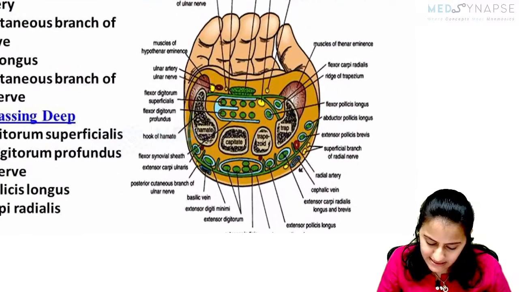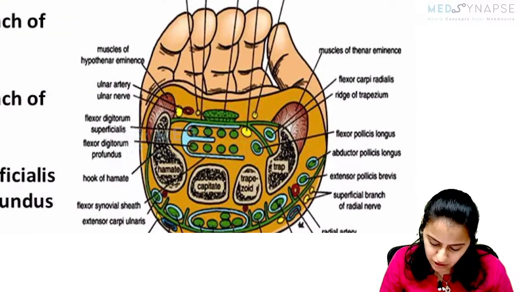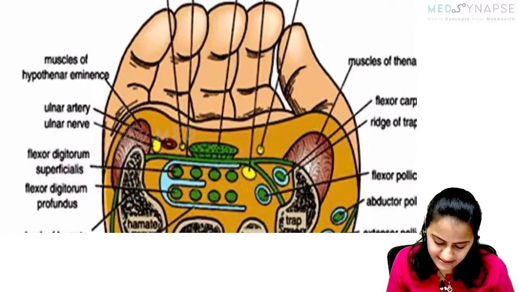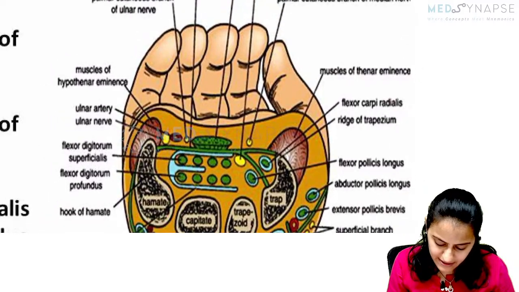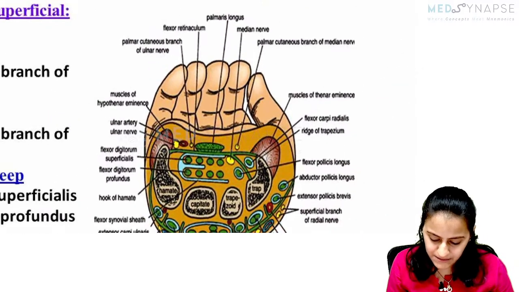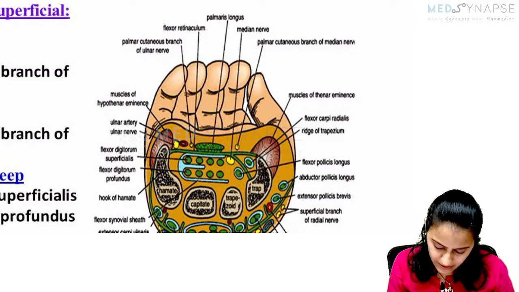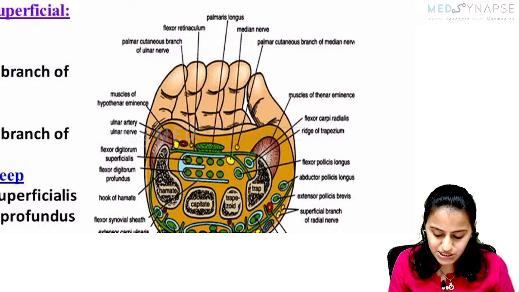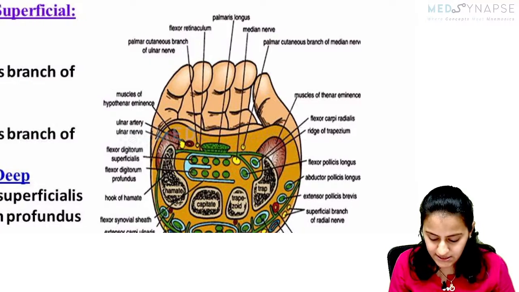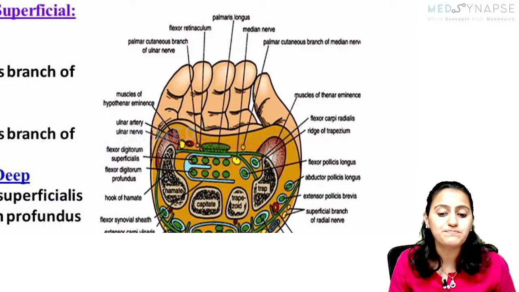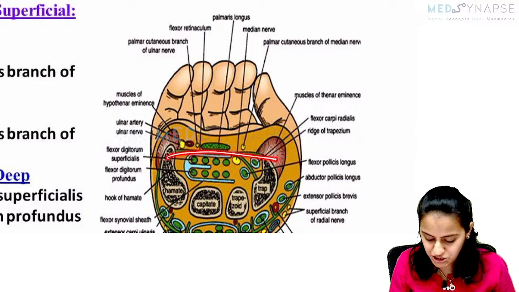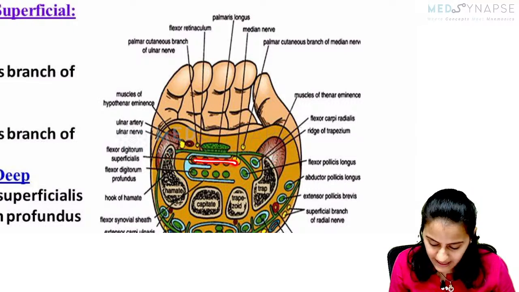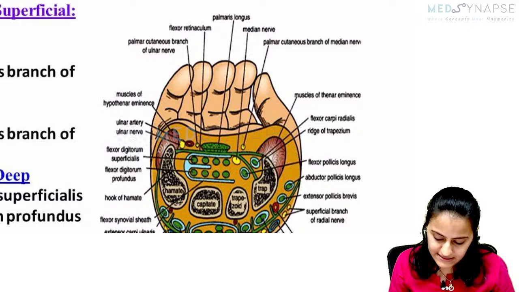If you look at this image, above the flexor retinaculum you have the ulnar nerve, ulnar artery, palmaris longus, the palmar cutaneous branch of ulnar nerve and of median nerve. So ulnar and all the palmar structures are superficial to the flexor retinaculum. FDS, FDP are inside. Median nerve is inside.